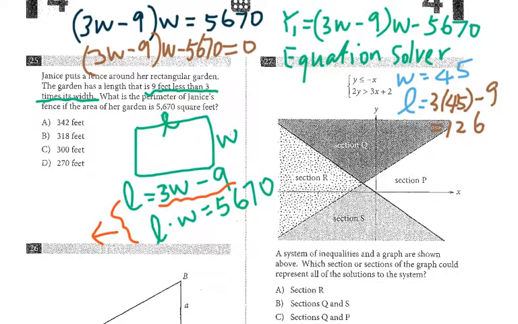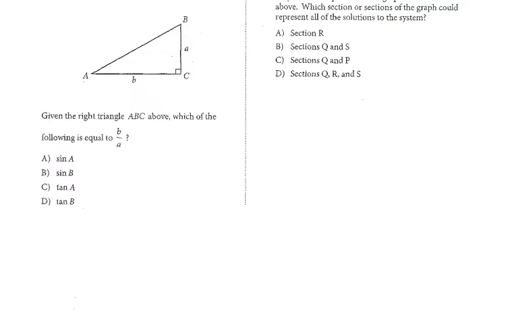And go back to the problem. We're looking for the perimeter for this fence. So that means your L plus W, you have to multiply by 2. That's the perimeter. So we plug in, you will get 342 feet. That's the answer.